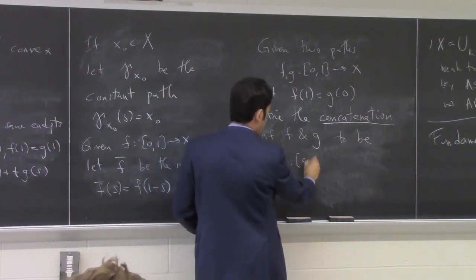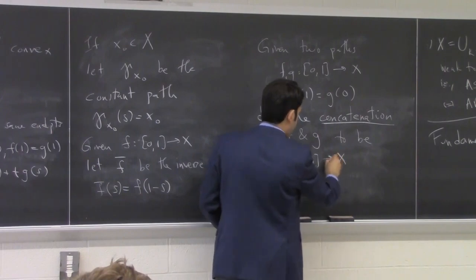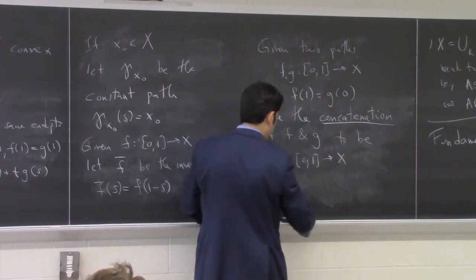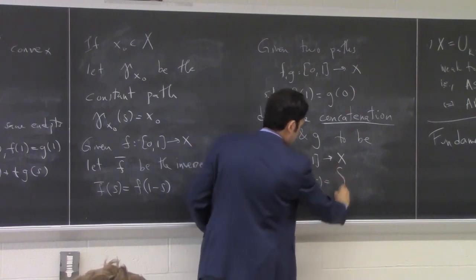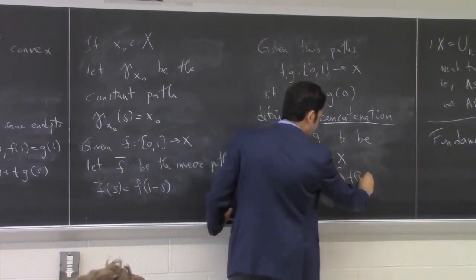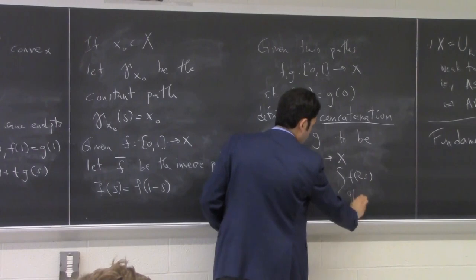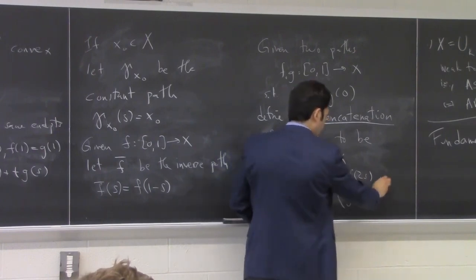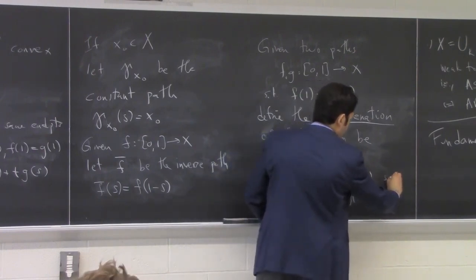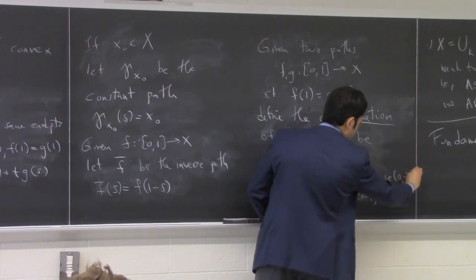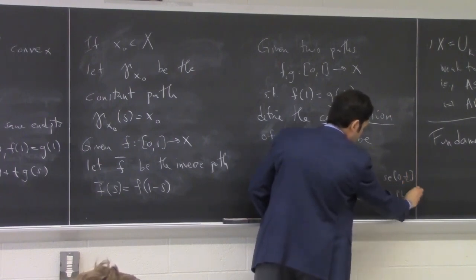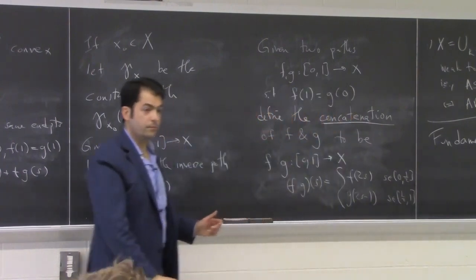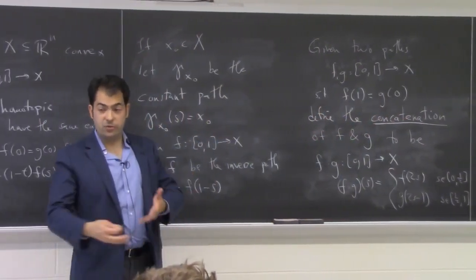This is a path in X, so you do f twice as fast and then g twice as fast, just so that you finish inside the interval. So you do f then g.